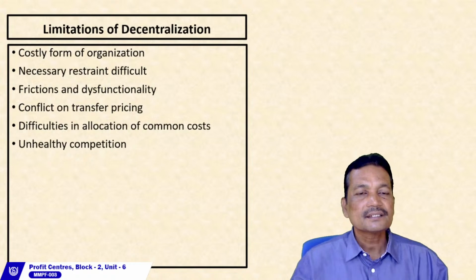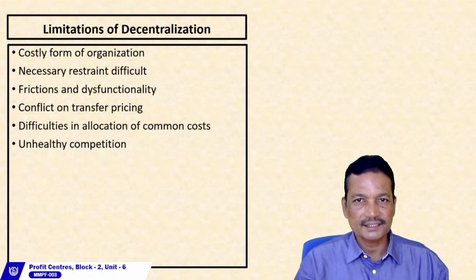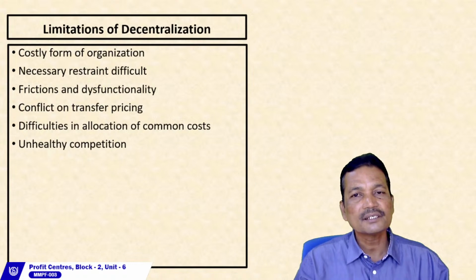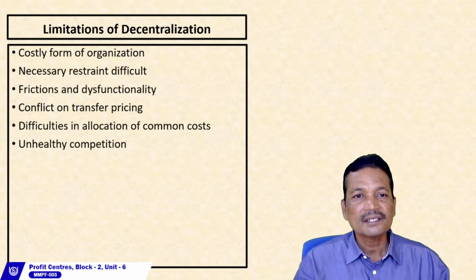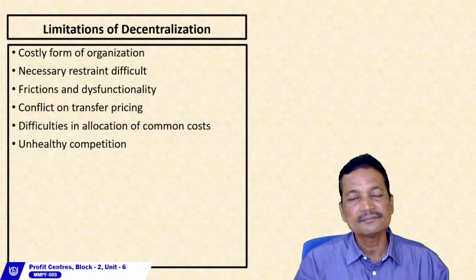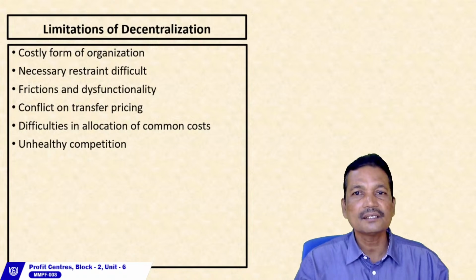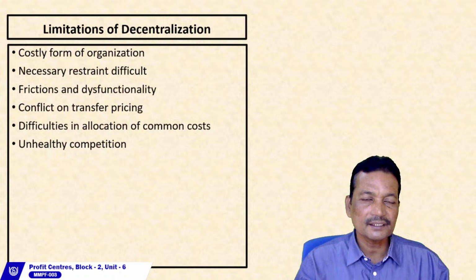Now, what are the various limitations of decentralization? It is a costly form of organization. Why do we say that? Now, when we decentralize, the record keeping is done at the divisional level or the profit centers.